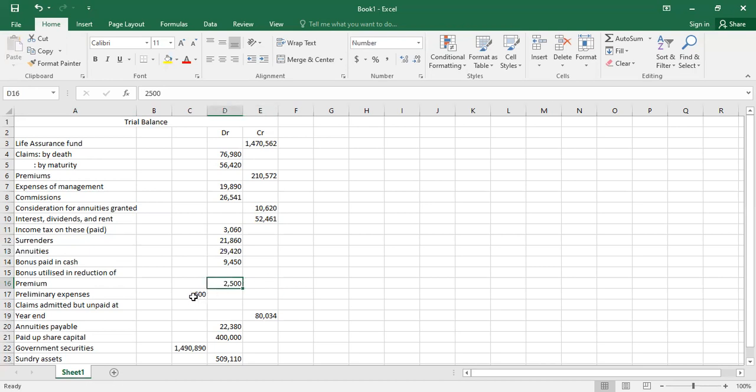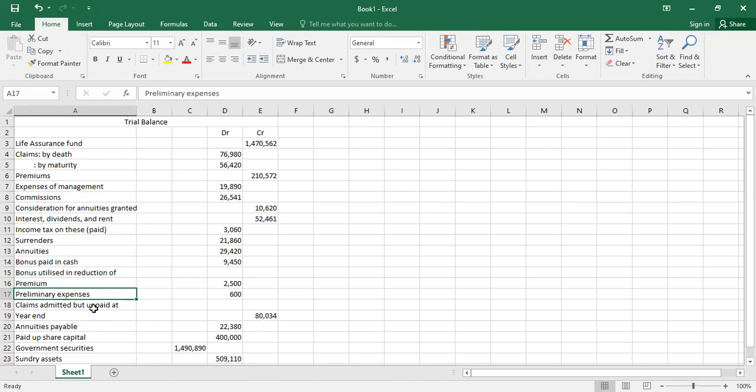Then I have preliminary expenses. These are current assets in the balance sheet. So we are going to debit. Then I have claims admitted but unpaid at year end.